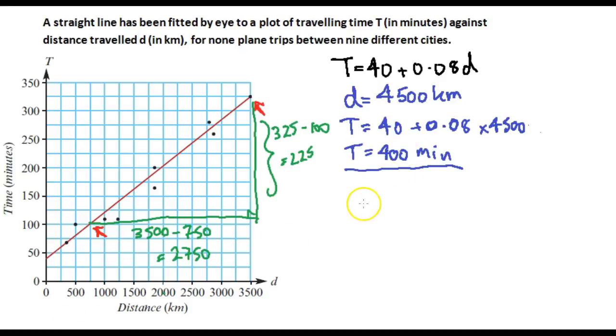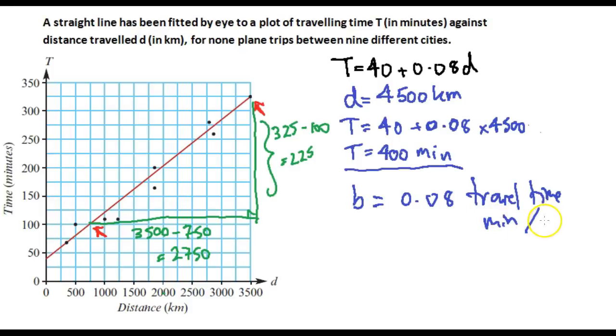Finally, just a reminder of what the slope means. So the slope b was 0.08. The vertical distance is travel time in minutes per kilometer between cities. In other words, 0.08 of a minute is the travel time per kilometer between the cities.